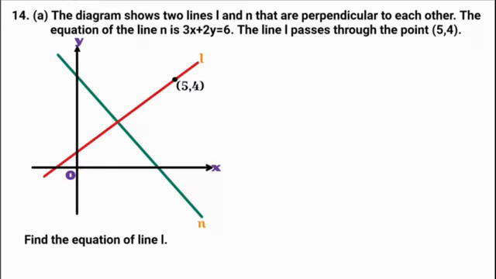Question 14A was as follows. The diagram shows two lines L and N that are perpendicular to each other. The equation of the line N is 3x plus 2y is equal to 6. The line L passes through the point (5, 4).